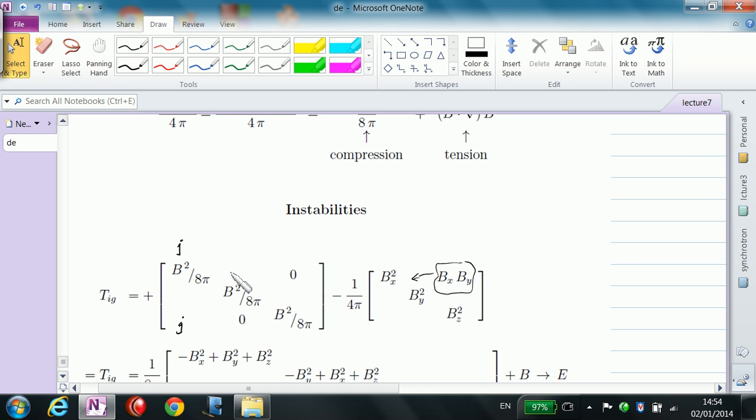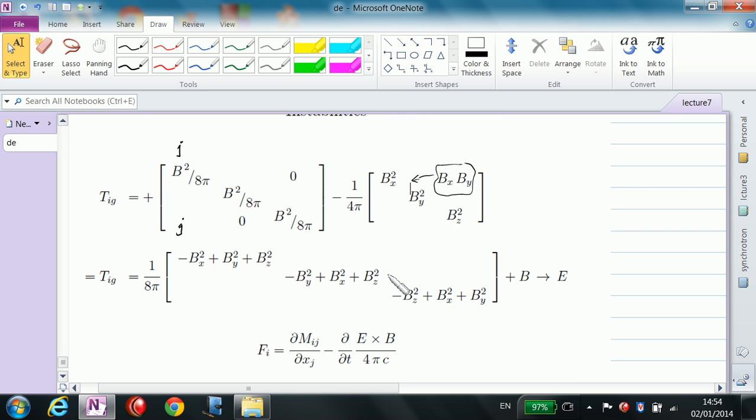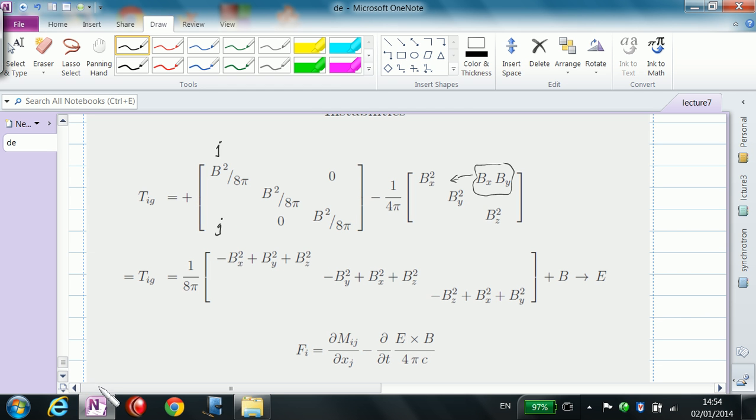The point is, this is just proportional to the identity matrix. What? There's also the same term in the. Oh, look, now I moved the I and the J. How do we do this?